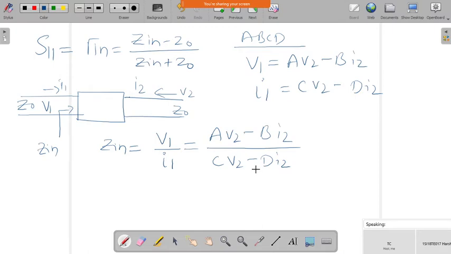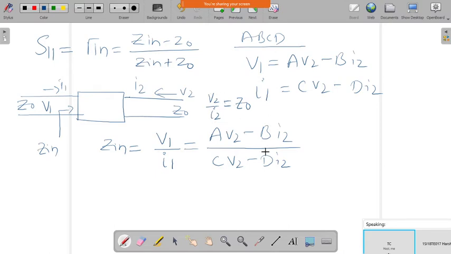So this is what we are going to get: A V2 minus B I2 divided by C V2 minus D I2. Now at this port, V2 by I2 we can define as the output impedance, or the characteristic impedance which is terminated, Z0.